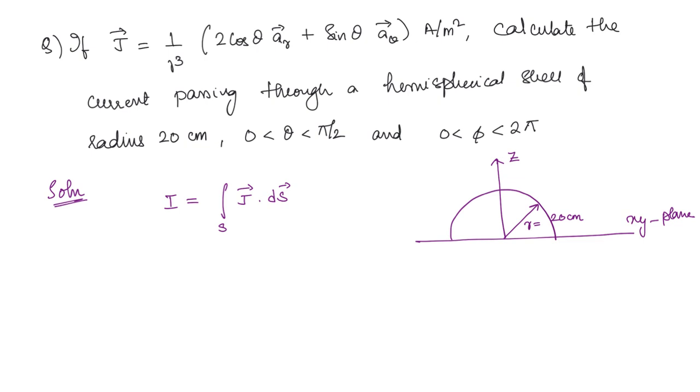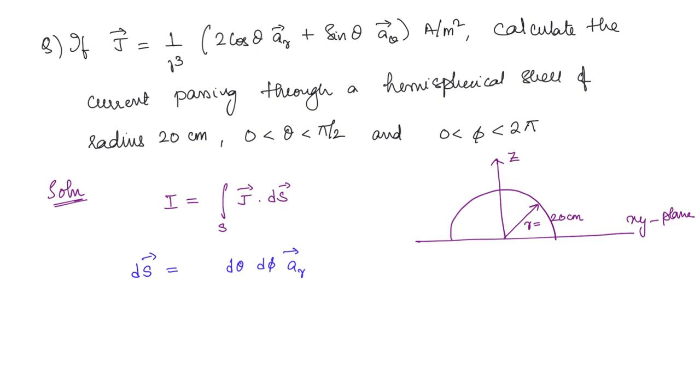If you remember, in coordinate systems I have already discussed, whenever you have a surface ds bar whose normal vector is along AR bar, then what are the other two parameters that we want? D theta and D phi. But D theta and D phi are not going to come alone. They come along with the radius.